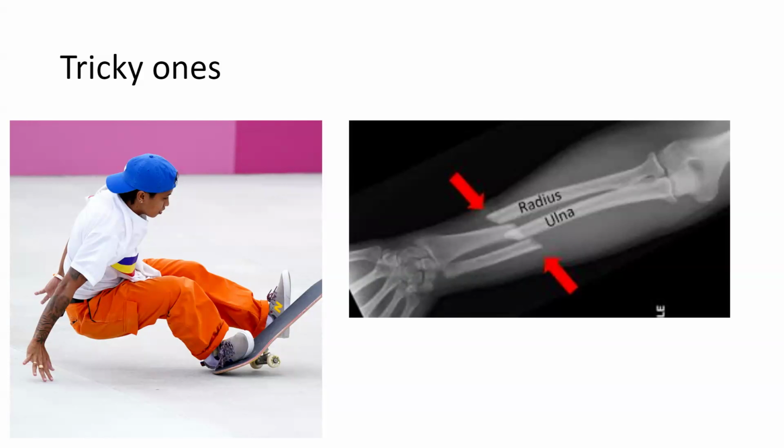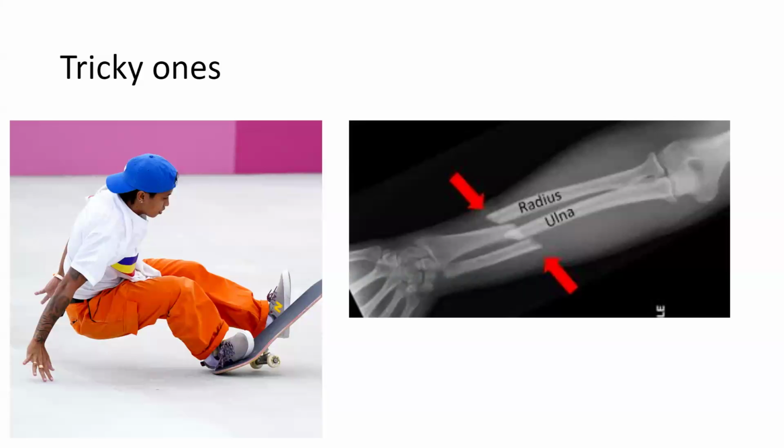And the other thing is that you can't compress across the fracture unless you have a good reduction. So that anatomic reduction is the first thing you've got to get. And so that means doing an open approach, doing an open reduction and internal fixation with a plate and screws on both the radius and the ulna.